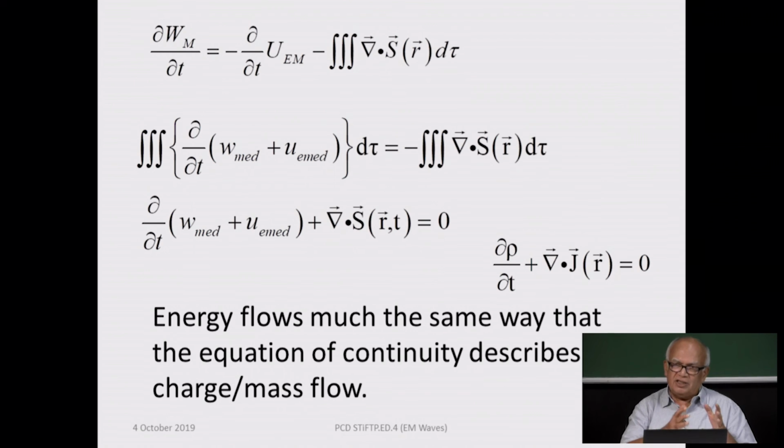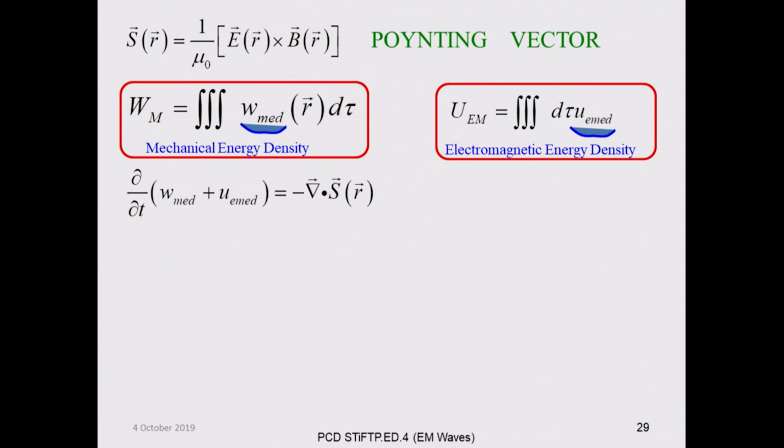When electrical charges are flowing in a conductor, for example, that is what gives you the divergence of J, that is what gives you Kirchhoff's laws. So they are all connected, and electromagnetic energy flows exactly the same way, in conformation with the equation of continuity, just the way mass or charge flow is explained. So this is the Poynting vector.